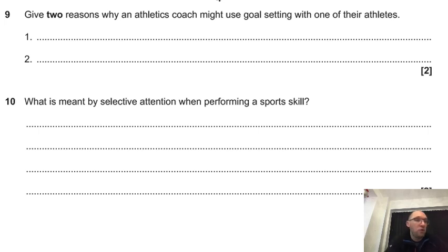So, for your 2 marks, to focus, concentrate on stimuli or on relevant information. The second part, to ignore, block out distractions, or to make redundant stimuli, or to filter out unwanted or irrelevant information. Do not accept, selectively attend, or to attend selectively.